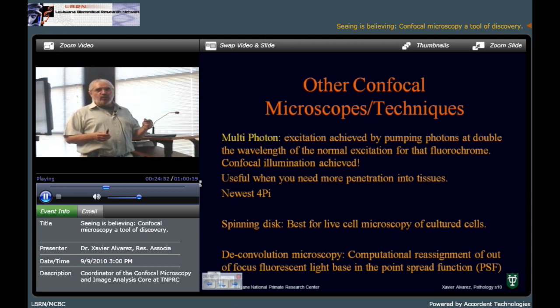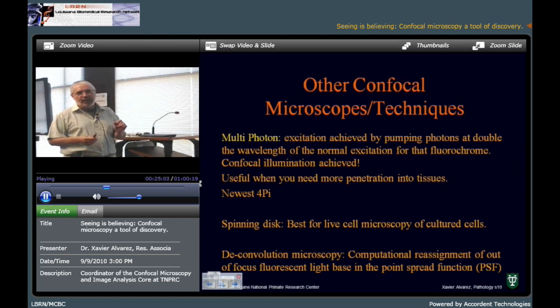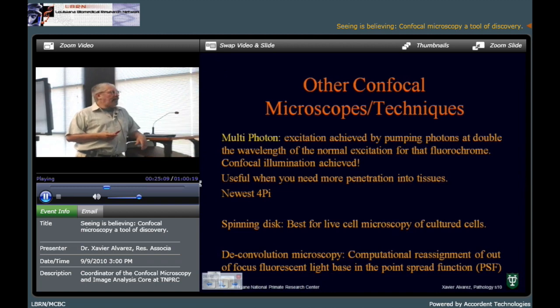When you are doing confocal illumination, that's the benefit. Then you don't quench the rest of the sample, and you increase the resolution, but very little. The new one is called the 4Pi, and it is mainly related to the fact that it could penetrate more into tissues. That's one of the things.